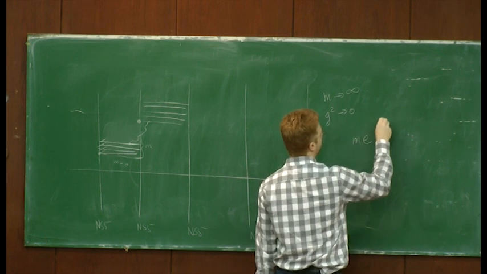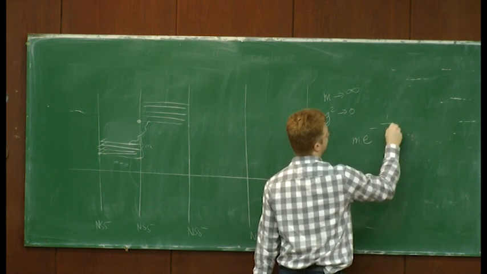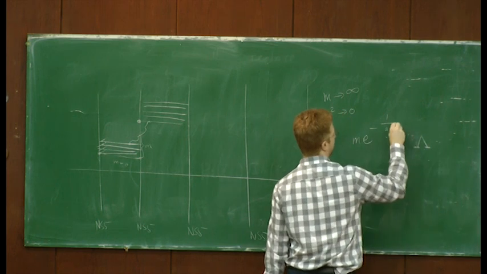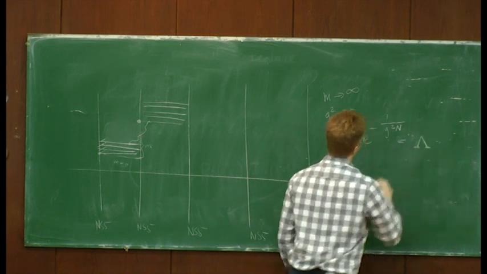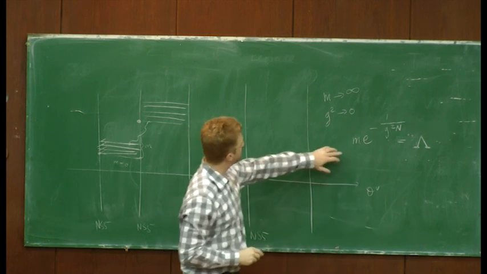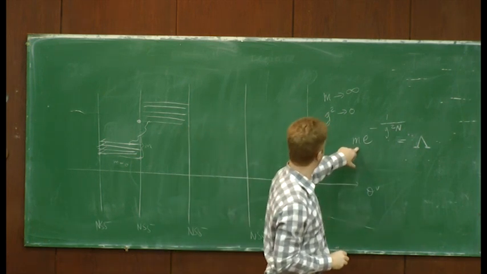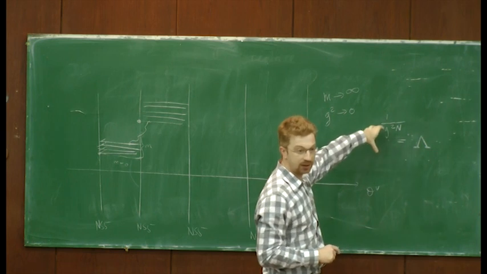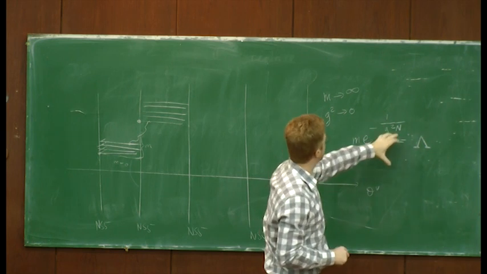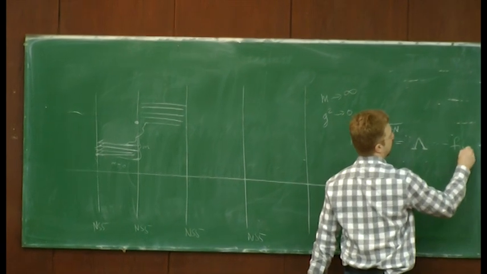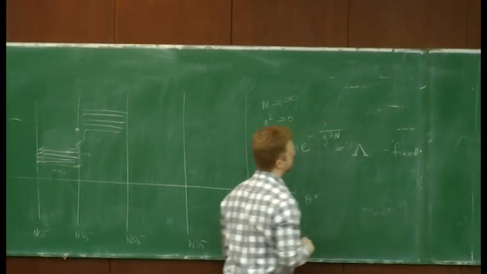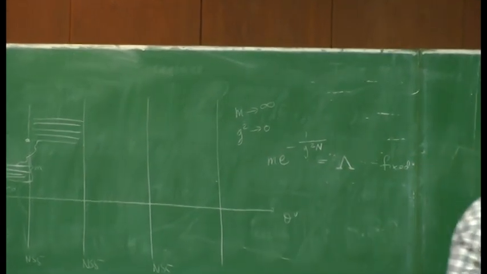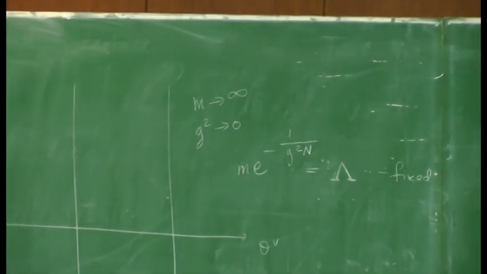So you can take a scaling limit where you send the mass of the hypermultiplet to infinity and the gauge coupling at some ultraviolet scale to 0, in such a way that this quantity, which is essentially the contribution of an instanton, remains fixed.